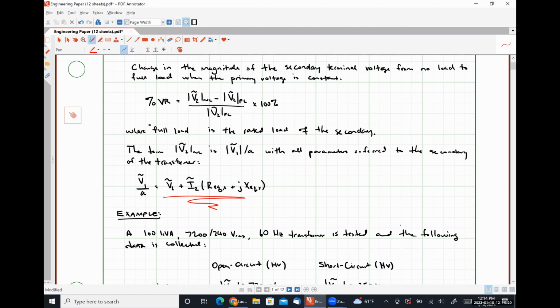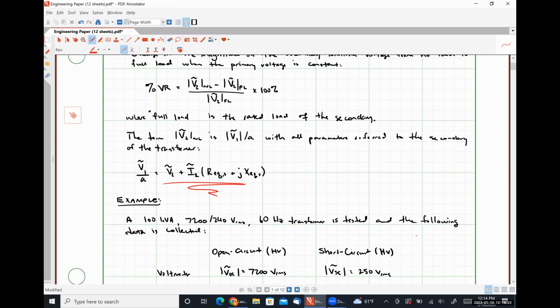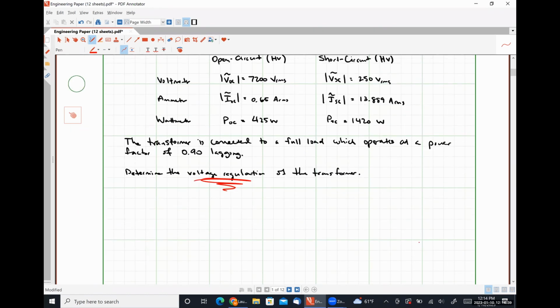So let's start by figuring out the V1 over A bit, because that's probably the hardest part of this thing to do, okay? So we need to know our secondary voltage. So this part right here, how do we figure that out? Anybody have a thought?